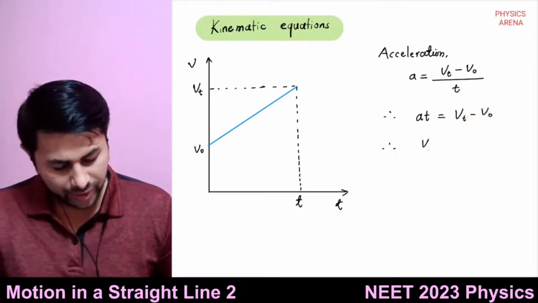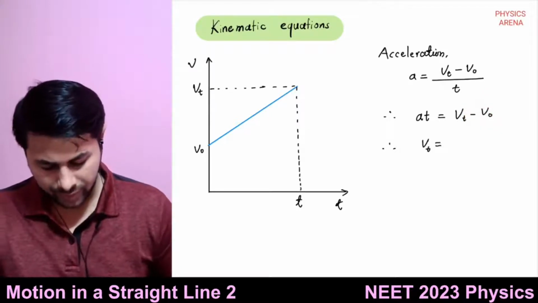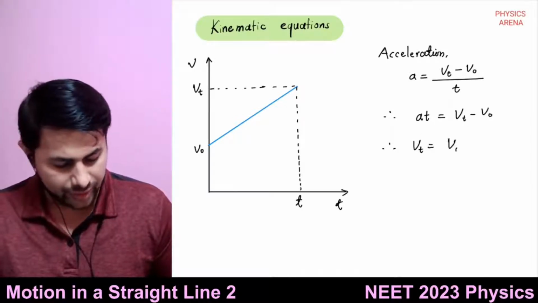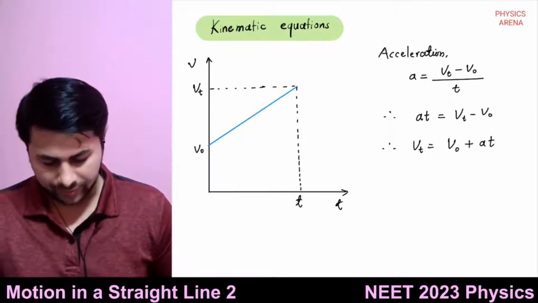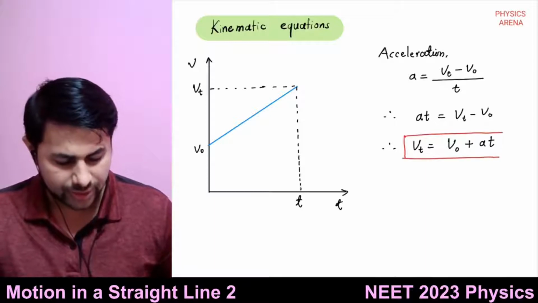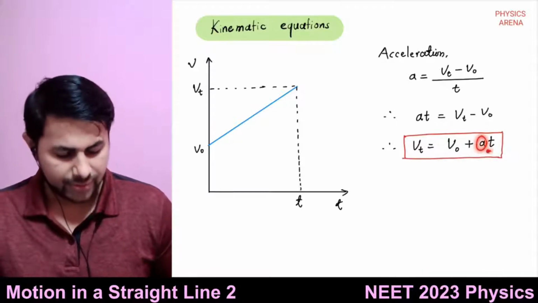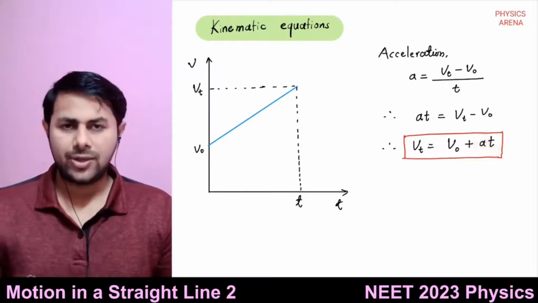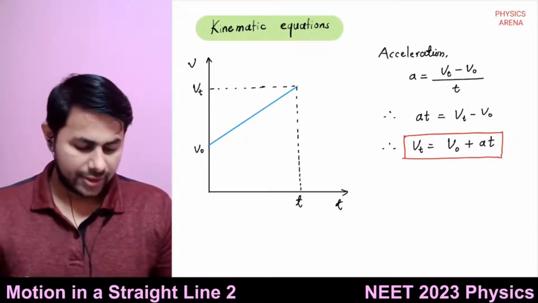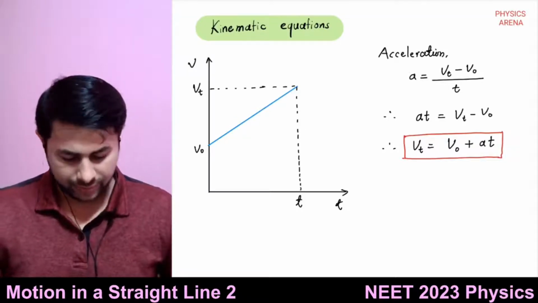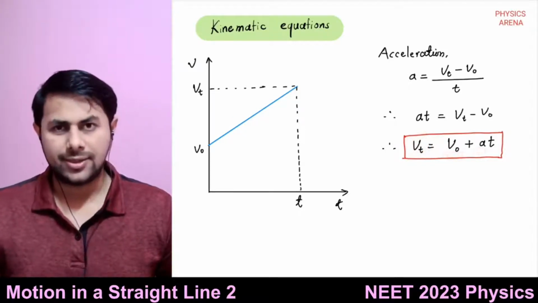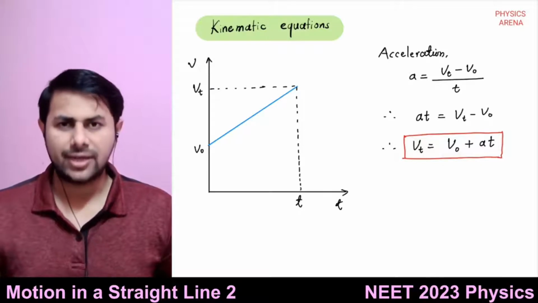So I get v at time t is equal to v naught plus a times t. So final velocity is equal to initial velocity plus acceleration multiplied by time. This is your first kinematic equation of motion. That's very simple. This equation gives final velocity if you know the initial velocity, acceleration and time.